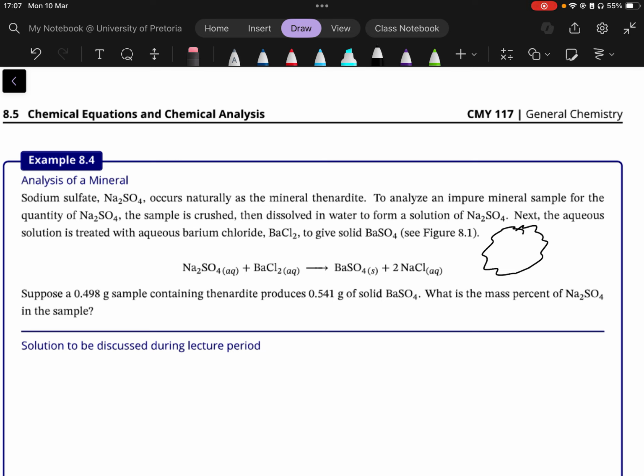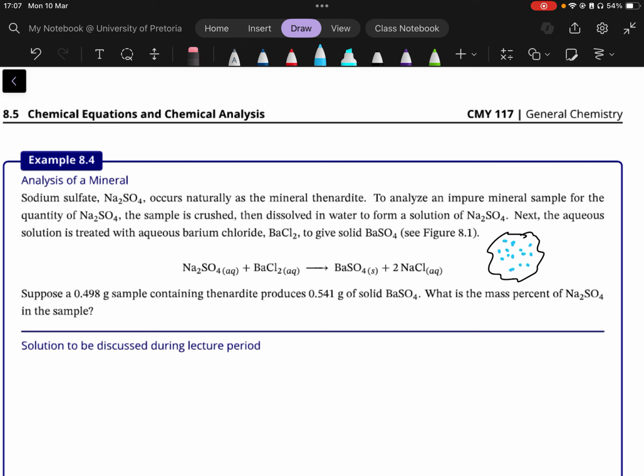So it's not a pure sample of sodium sulfate. We have like a block, or like a rock. That's actually a better thing. We have a rock, and some part of that rock, not necessarily a section, but little bits and pieces, is maybe a better way of visualizing it. So we have a rock and little bits of it.